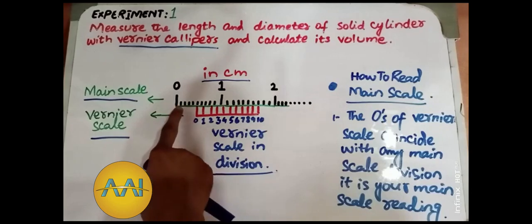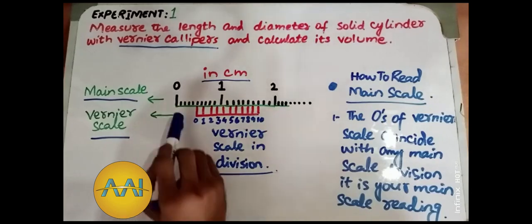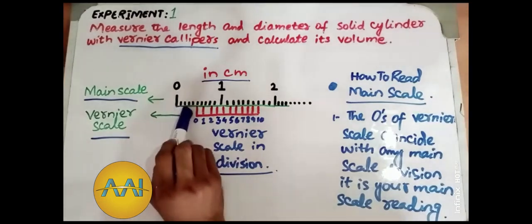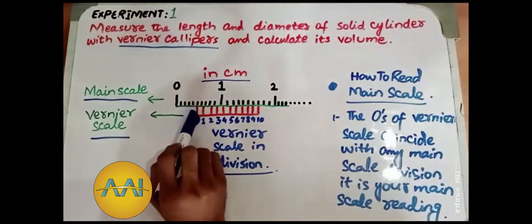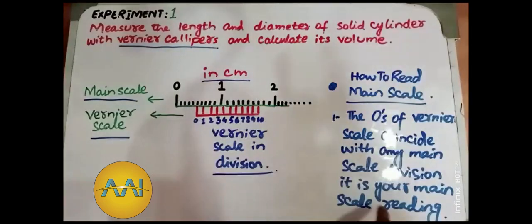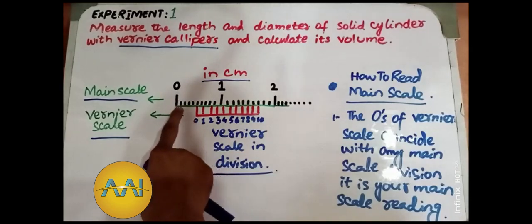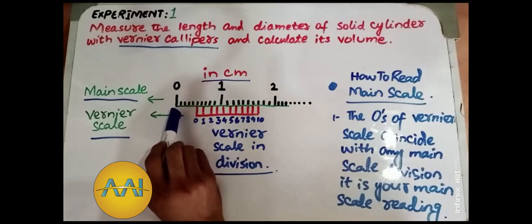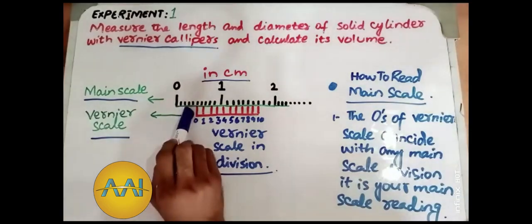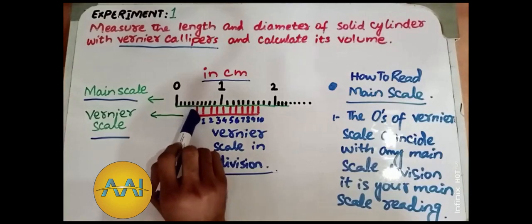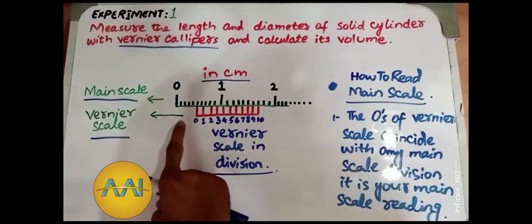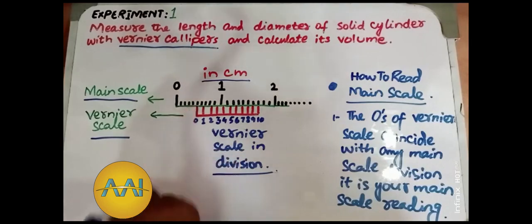So here, what is our main scale reading? Let's try to understand: 0, 0.1, 0.2, 0.3, 0.4, and 0.5, which means that my main scale reading is 0.5.